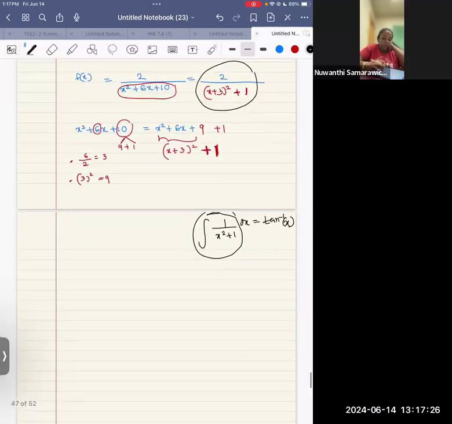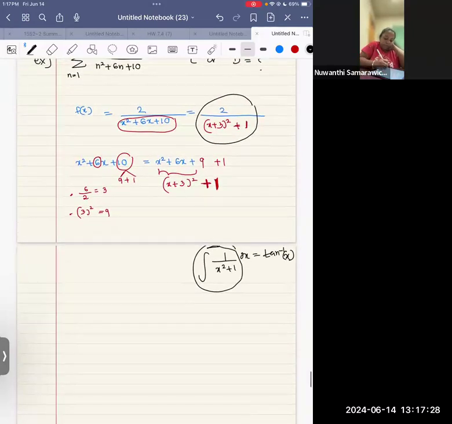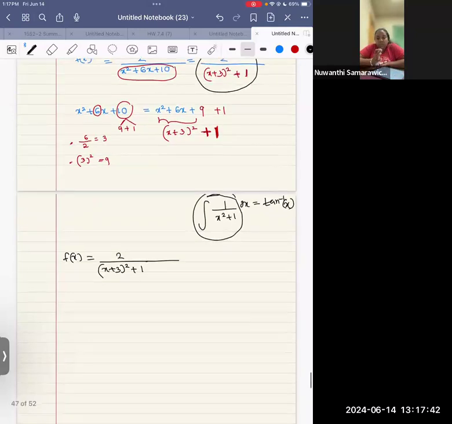So now let's check the function f(x). We have now (x plus 3) squared plus 1. Now is this continuous? What do you think? We need to use the integral test, so we need to check whether the conditions are satisfied.